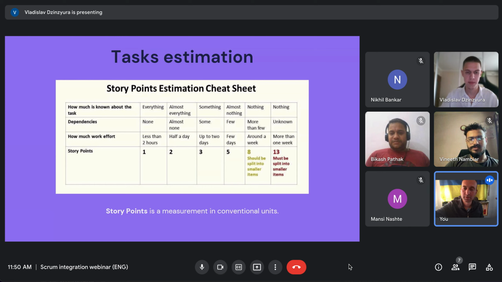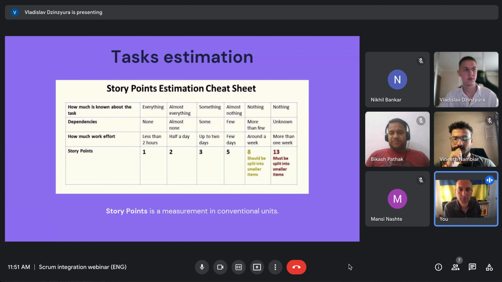Okay, so basically, I just wanted to add that I had multiple debates with project managers and read some things about story points myself in the past, because I couldn't understand personally why we need to invent some other scale, some other metric, and why we don't just estimate tasks in hours or days, for example.